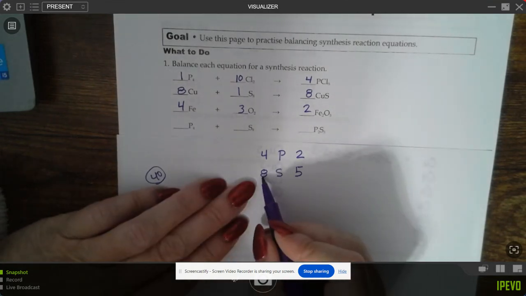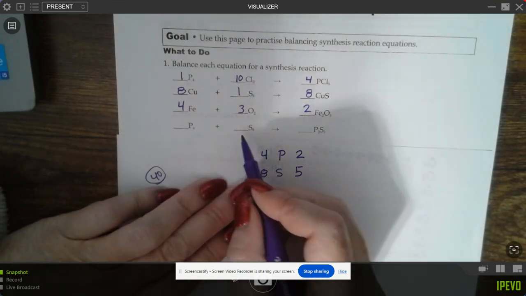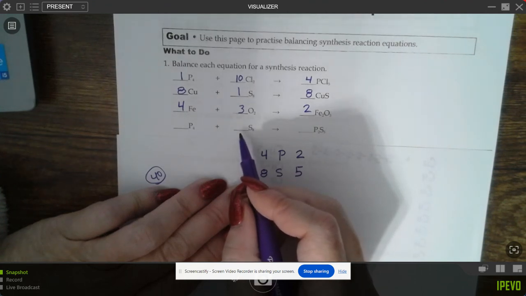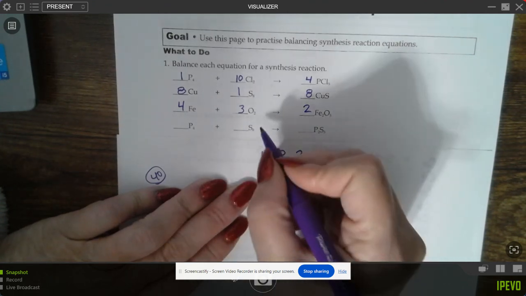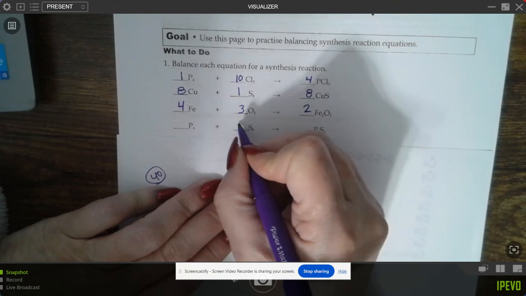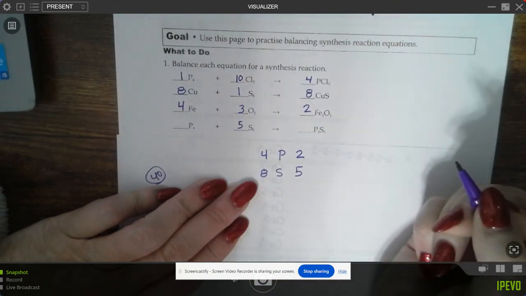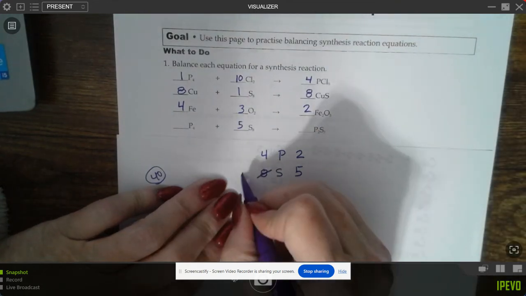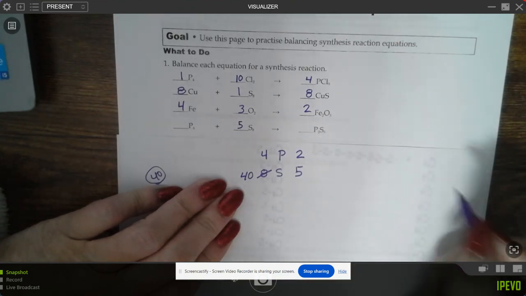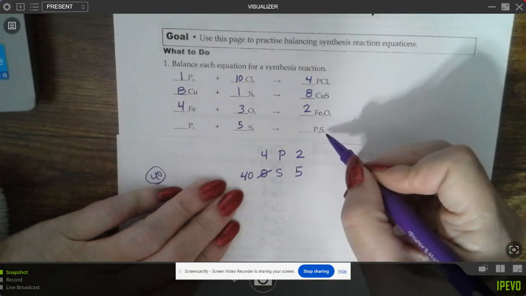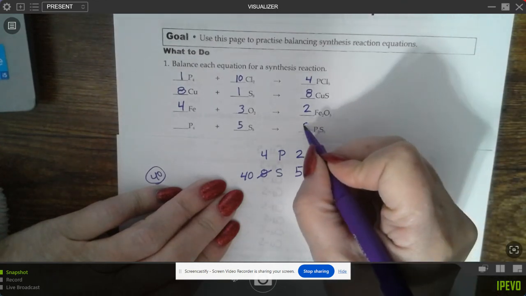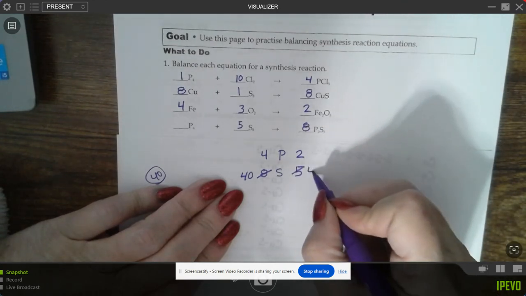So for my sulfur, I'm going to want to put a number here that gives me 40 sulfur. So what times 8 is 40? That would be 5. Okay, so now I have 40 sulfur on this side. Over here, I have 5. So I know that 5 times 8 is 40.